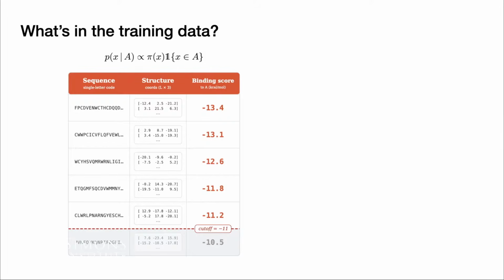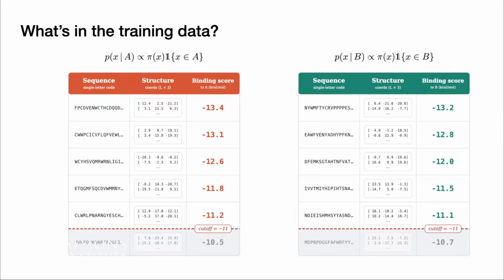So let's say, once again, we generate proteins. It means that we have a database of sequences with structures. They are spatial coordinates, right, of all the atoms. And we have a binding score to something A, ligand A, let's say. And then we have the same for the B. We can take the same sequences and put the binding scores.